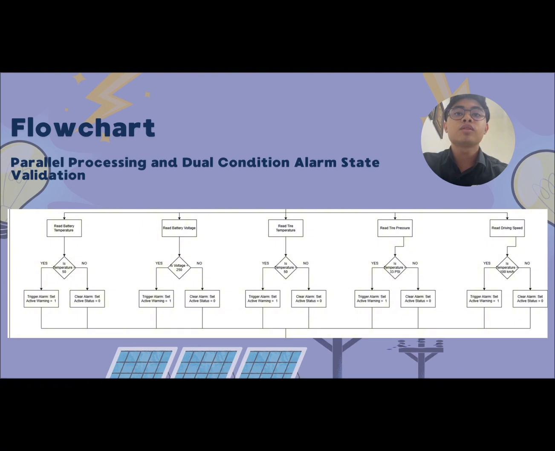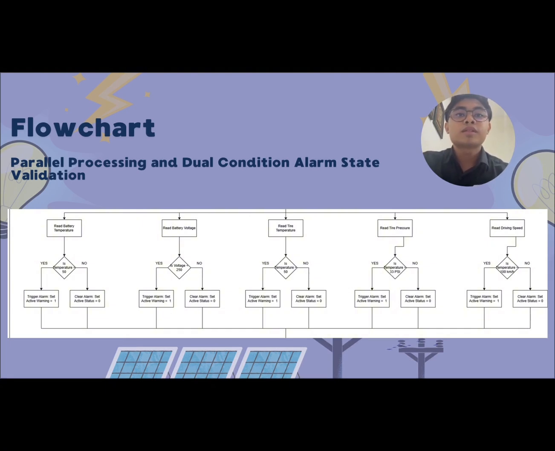Inside the rule engine, to eliminate processing lag, the engine checks these 5 exact safety thresholds simultaneously, which are battery temperature, if it exceeds 50 degrees Celsius, and battery voltage, if it drops below the safe 250 volts, while tire temperature checks if thermal buildup exceeds 50 degrees Celsius, and tire pressure evaluates inflation breaches of 33 psi, and lastly, driving speed is monitored against the safety limit of 100 km per hour.